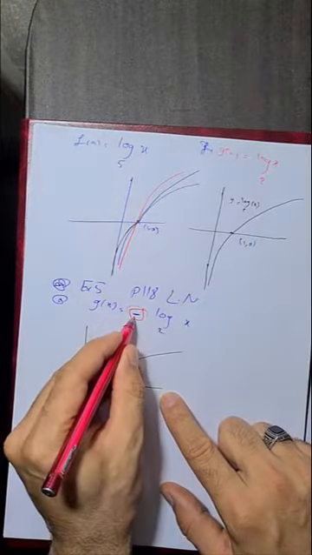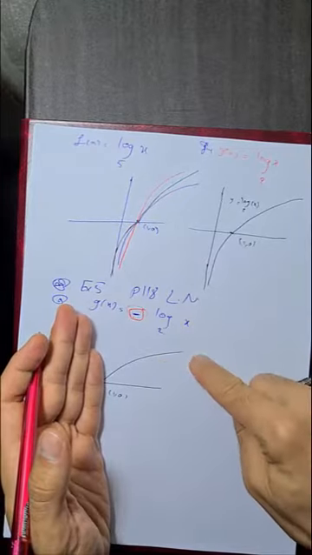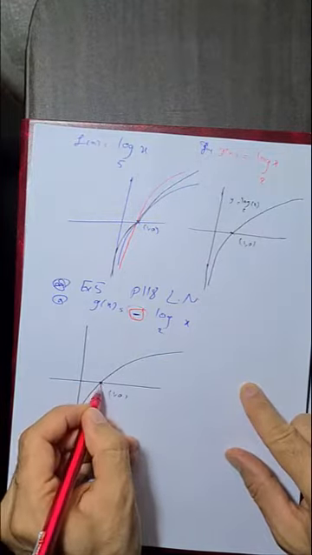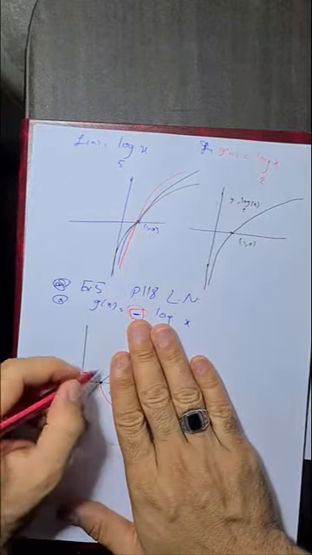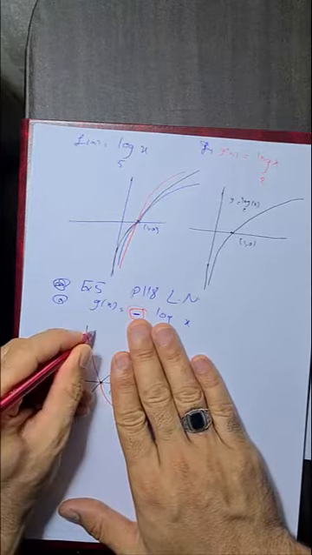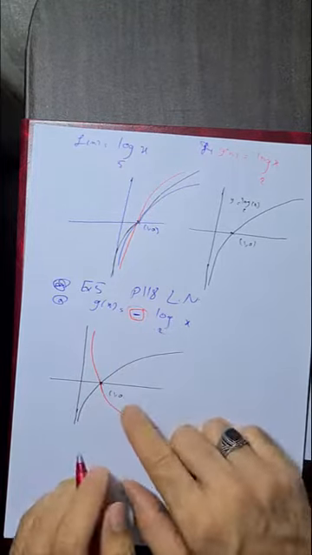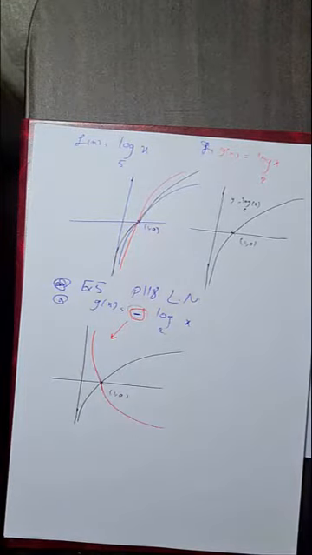The x-axis will be our mirror, so the reverse of this part is like that, and the reverse of the other part will be like that. So you can see the reverse of this function, which is minus log of 2x.